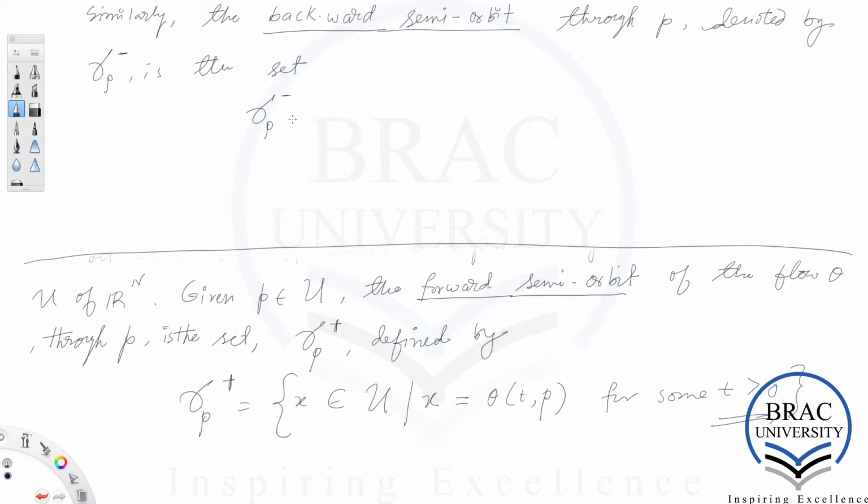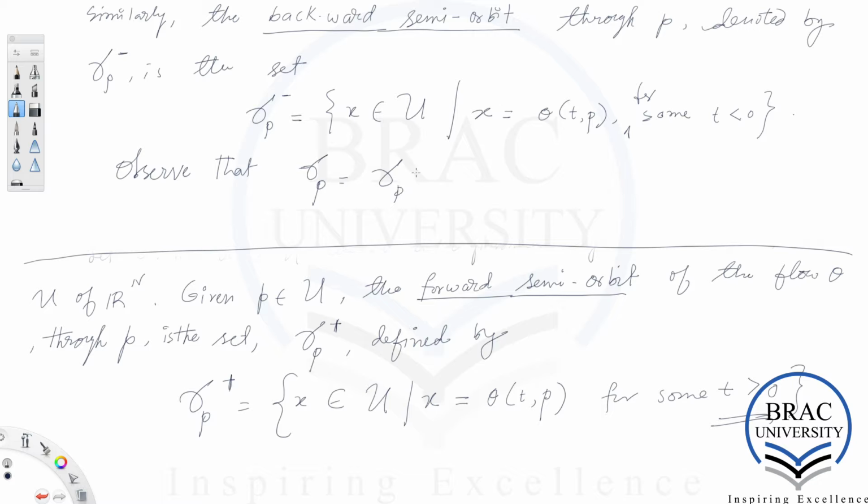Gamma p minus is going to be the collection of all the points in the open set U such that x can be written as theta(t, p) for some t less than or equal to 0. Observe that here gamma p, the orbit of p, is the forward semi-orbit union the backward semi-orbit.